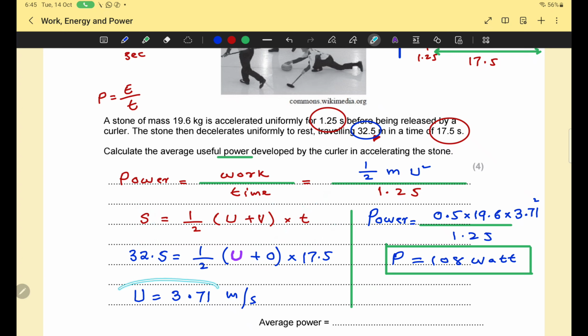This velocity produces kinetic energy. The equation of kinetic energy is half mv square. Mass is 19.6, velocity is 3.71, and we are calculating the power of the curler. The time is 1.25 seconds, and if you divide energy by time, then the power is 108 watts.